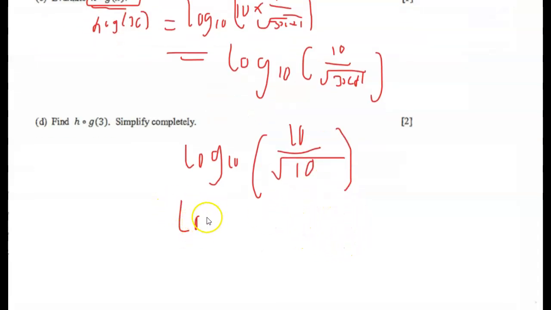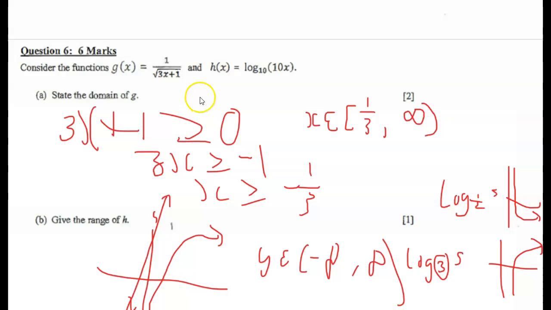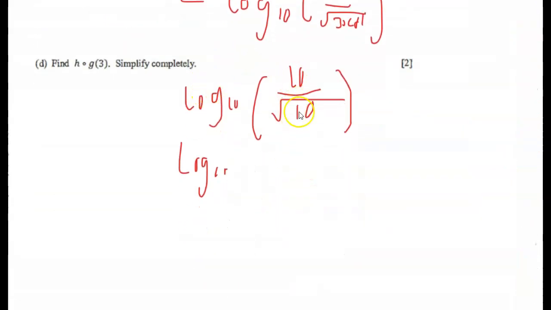Now, be clever here. How can you rewrite this whole fraction? I'm thinking, let me make the square root of 10 equal to 10 to the power of 1 over 2. There's an invisible 1 over here, and there's an invisible 2. So that's a rule: you can say that the square root of 10 can be rewritten as 10 to the power of 1 over 2.